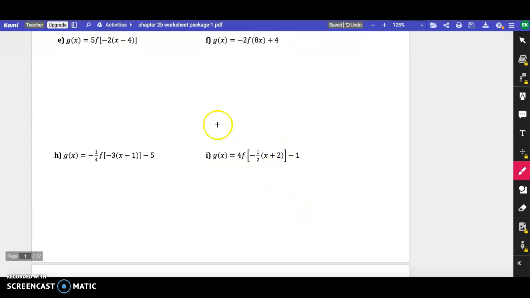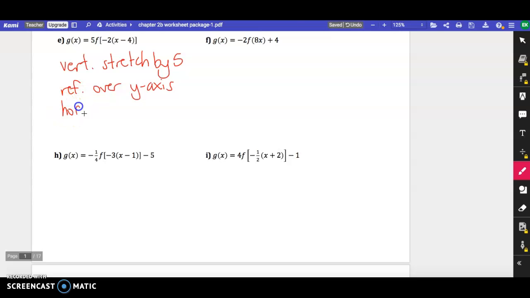All right, let's do a couple more of these. So this one I have a 5 out front, so that's a vertical stretch by 5. And then I have a negative inside of my function that's multiplying, so that is a reflection over your y-axis. Then a 2, so that's a horizontal shrink by 1/2. And then an x minus 4 means right 4.